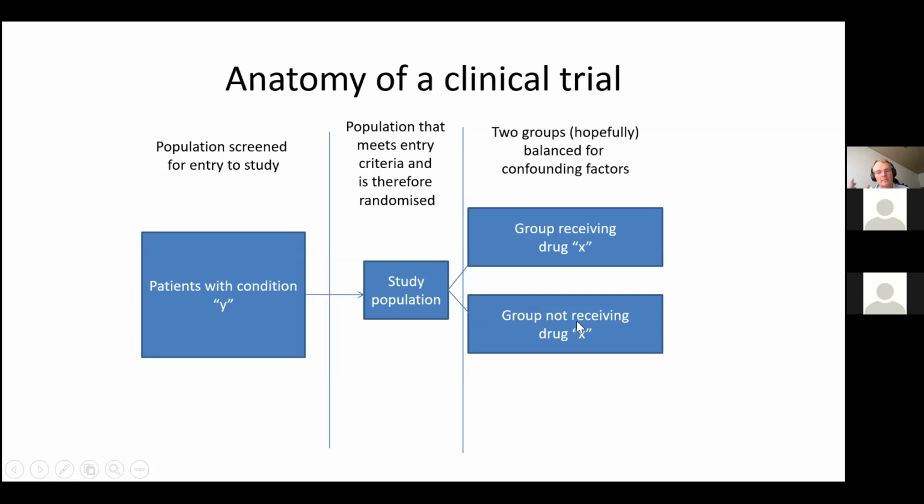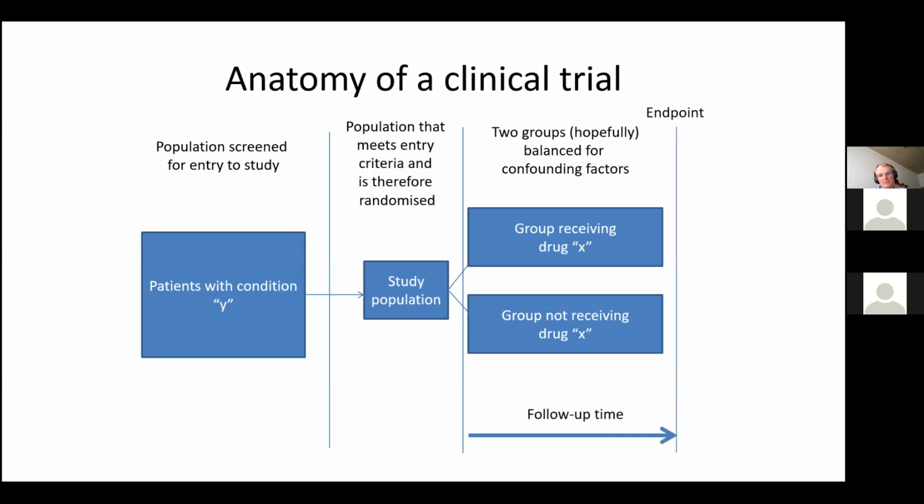And the point of random allocation is therefore that what we should be doing is eliminating any potential bias in the administration of the drug, and therefore revealing the true effect of the medication, rather than revealing that patients were unequally allocated to the two groups.